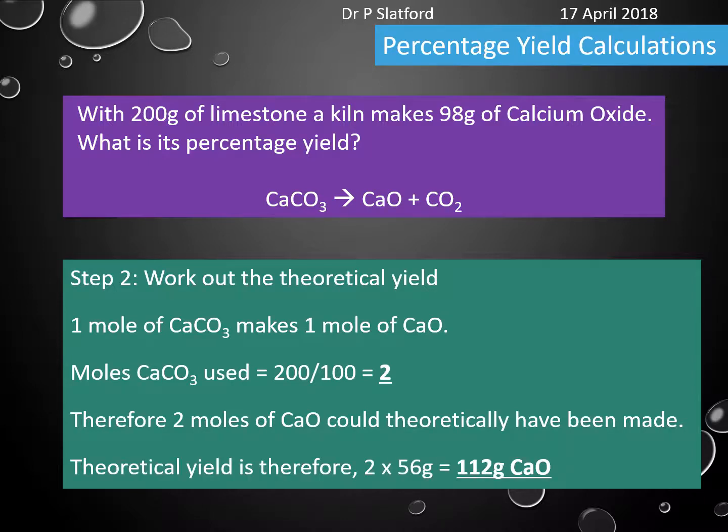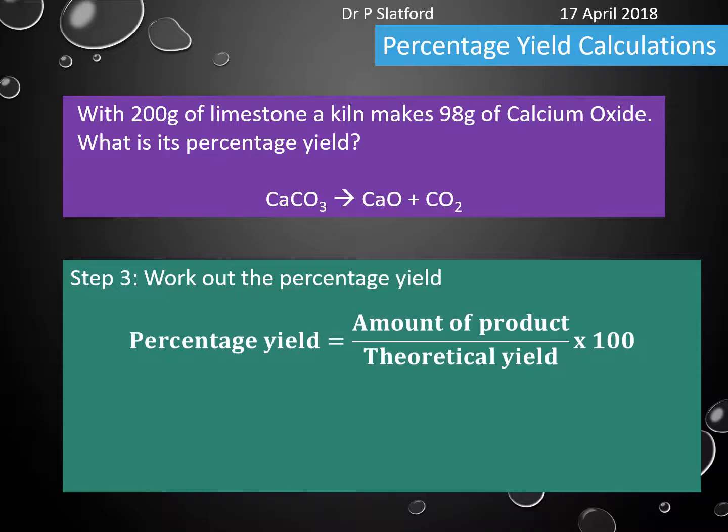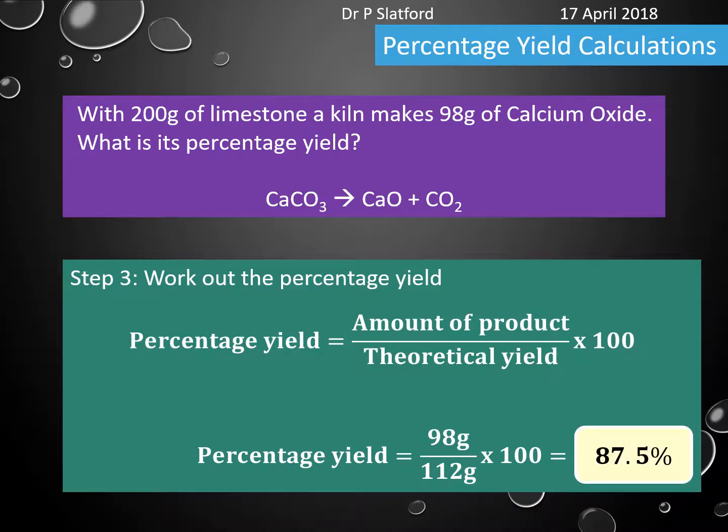Because of the Mr of 56, 2 moles of calcium oxide is 112 grams. Step 3 is work out the percentage yield. I make 98 grams of calcium oxide. I've worked out my theoretical yield, therefore it's 98 divided by 112, and that equals 87.5%.